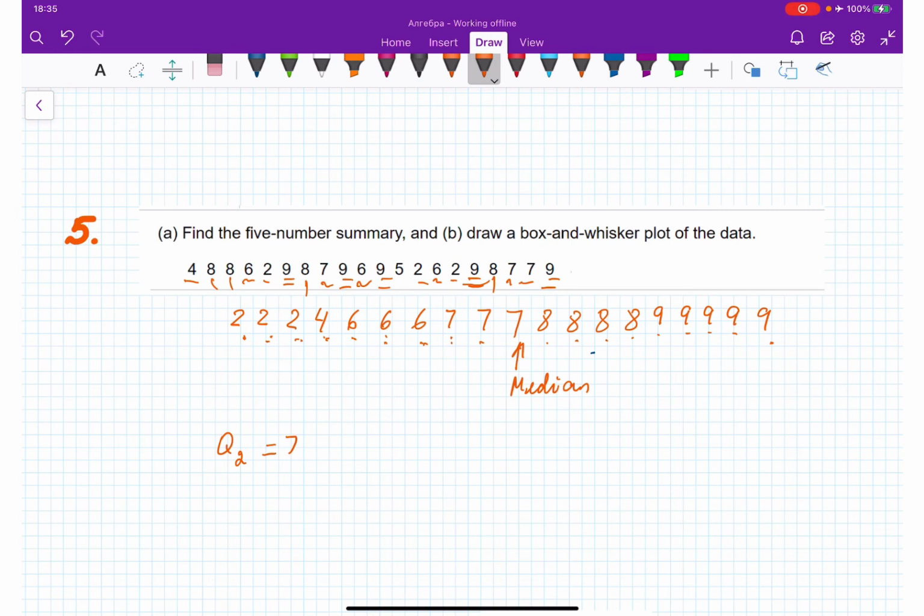So taking out this one, 1, 2, 3, 4, 5, 6, 7, 8, 9. The lower part, 7. So 1, 2, 3, 4, 5, 6, 7, 8, 9. Yeah. So the fifth one, 6.